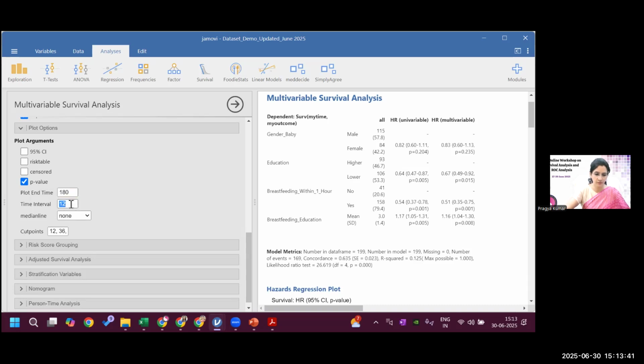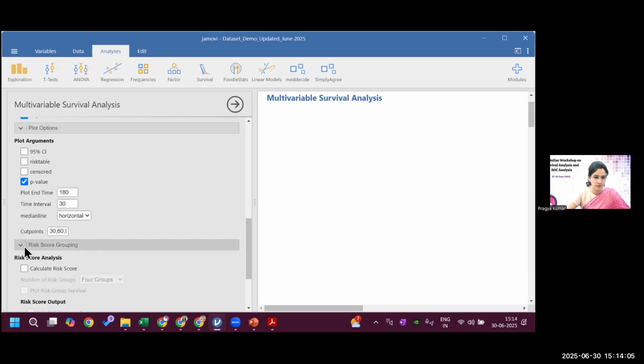Time interval will be your 30. Median line if you want to put, and cut points if you want to give like 30. This we did on day 1 and day 2. 30, 60, 90, 120, 150, 180.